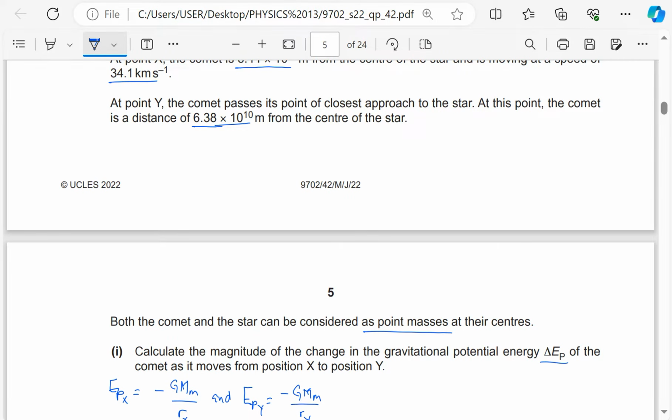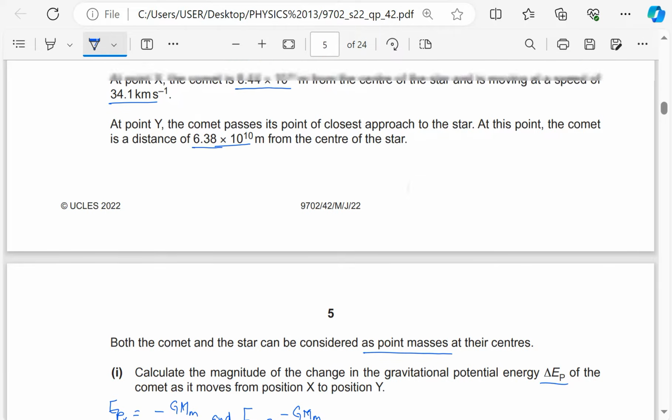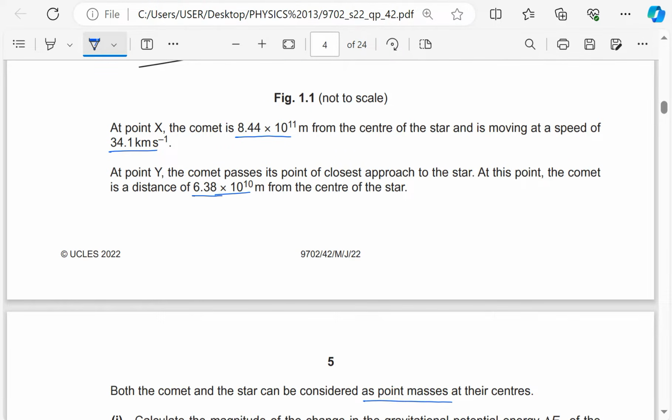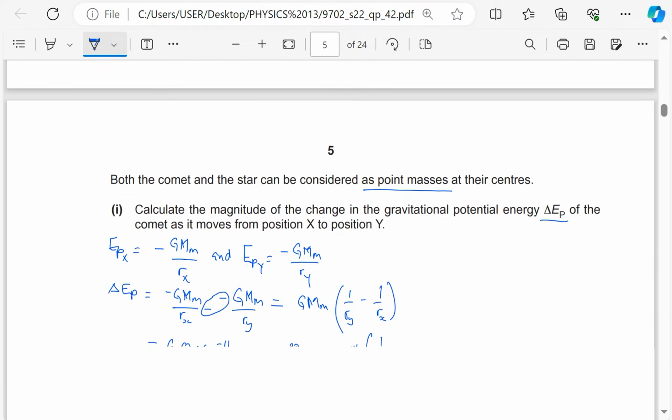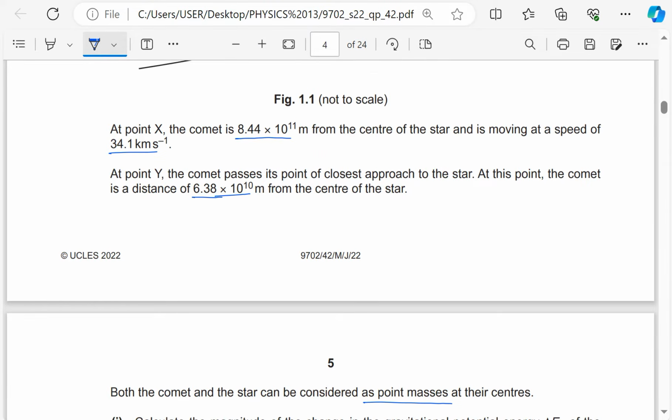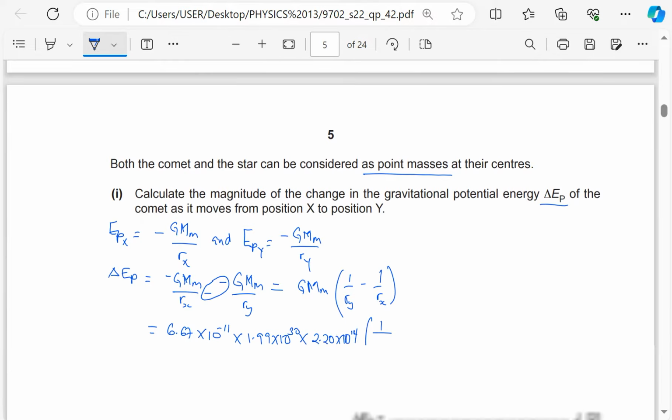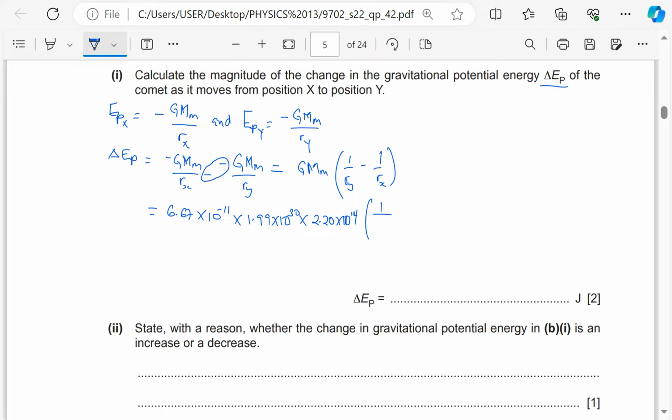Y is 6.38 times 10 to the power of 10, minus 1 over x, which is 8.44 times 10 to the power of 11.